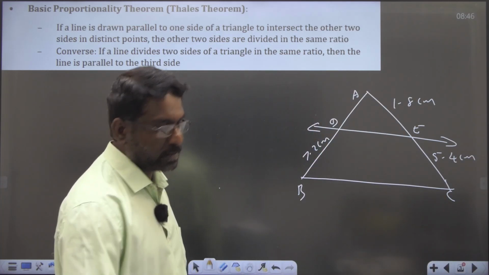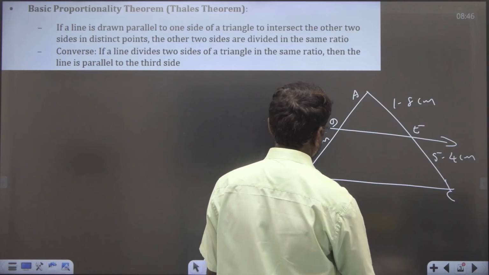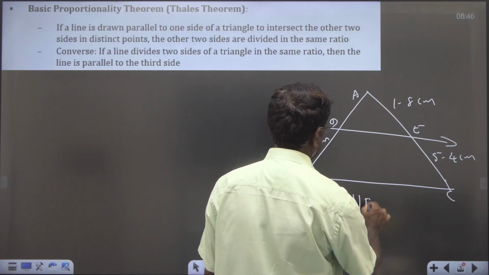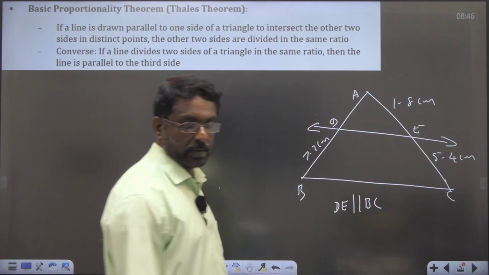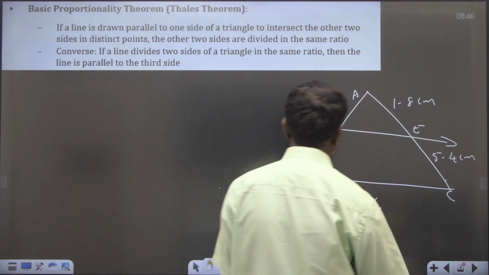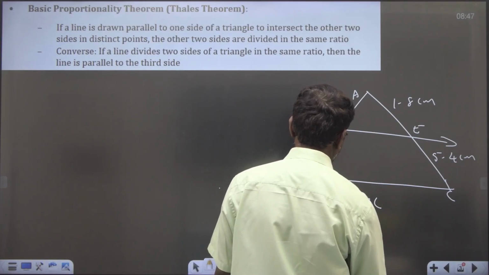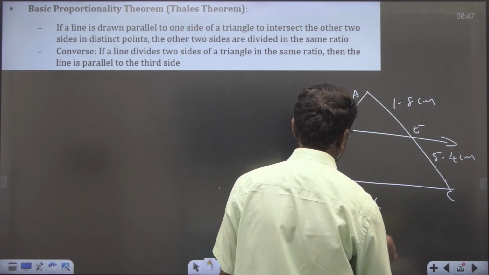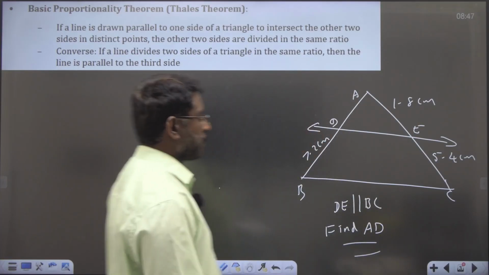Also given that DE is parallel to BC. Find AD. This is the question.